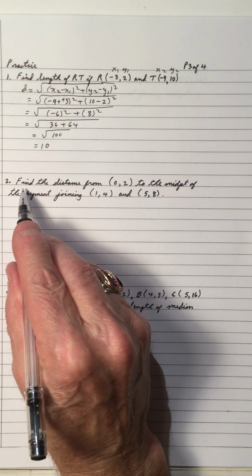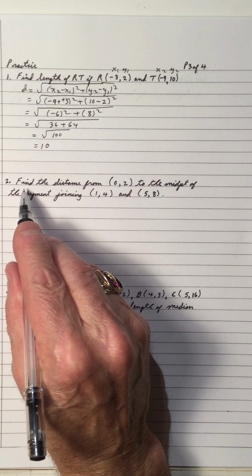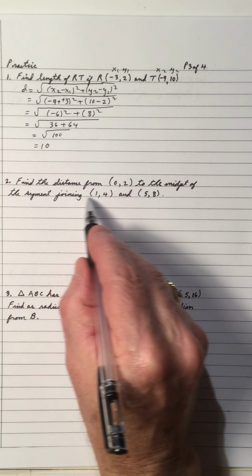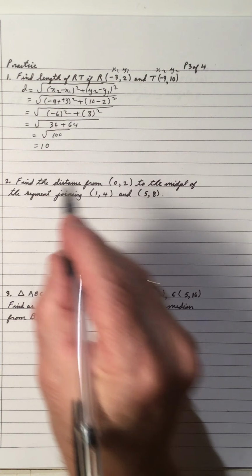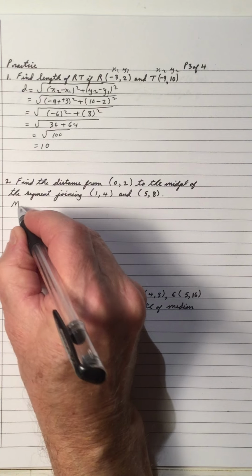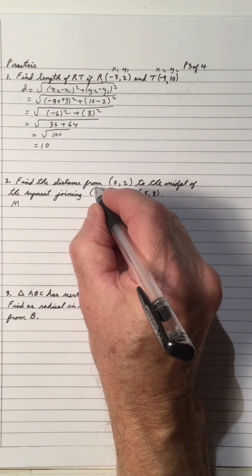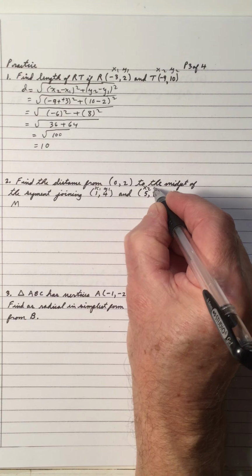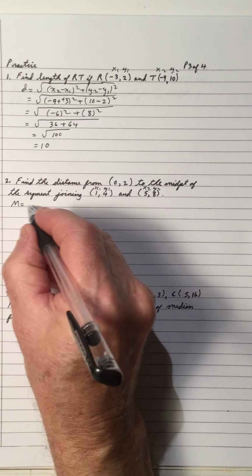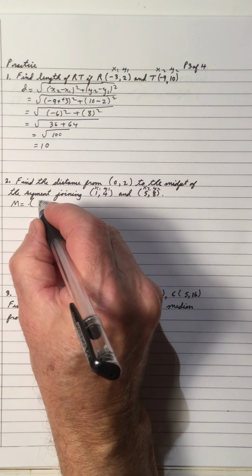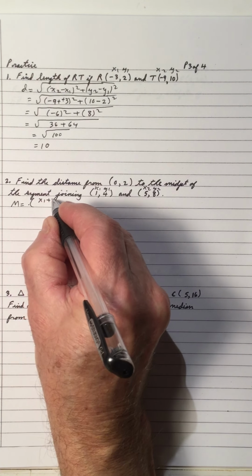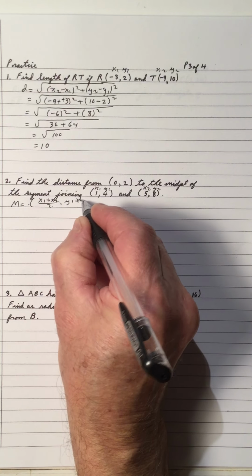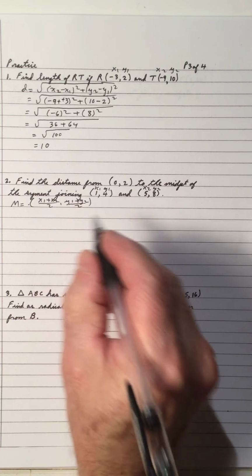Number 2, don't forget, if you wish to pause the video. Find the distance between 0, 2 to the midpoint of the segment joining 1, 4 and 5, 8. So let's do the midpoint. The midpoint is x1, y1, x2, y2. So the midpoint formula is the average, so it's x1 plus x2 over 2, y1 plus y2 over 2.